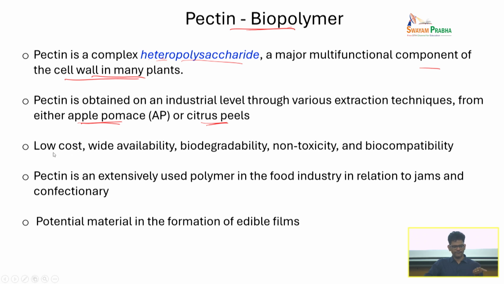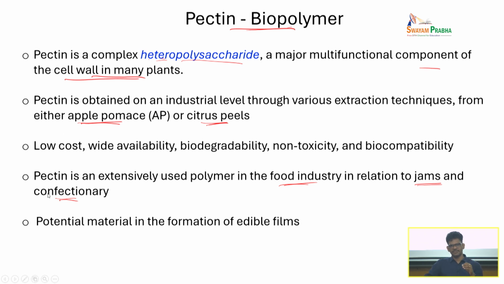Okay, so therefore it is low cost and it's widely available, okay, from juice processing industries, and it's a natural polymer, so it is biodegradable, it is not toxic, it's compatible with biological systems, biocompatibility. So it kind of ticks all the things that we want for a polymer to be, okay, biodegradable, low cost, cheap. And as of now, it is extensively used in food industries with regard to fruit jams and confectionery items.